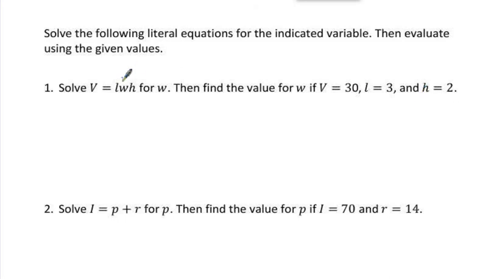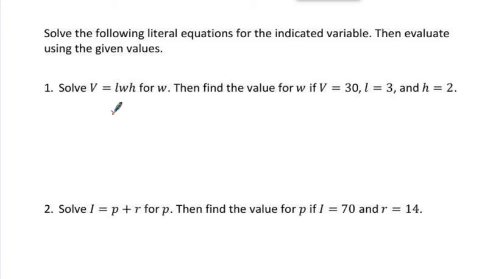Volume equals length times width times height is the equation that's given, and they want us to solve for width. On the right side of this equation, length times width times height, it's all multiplication.